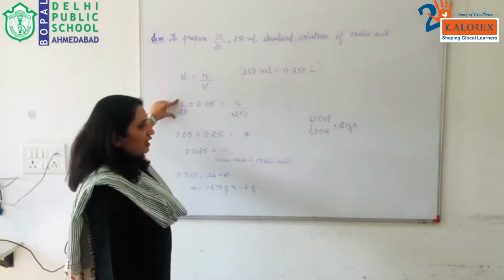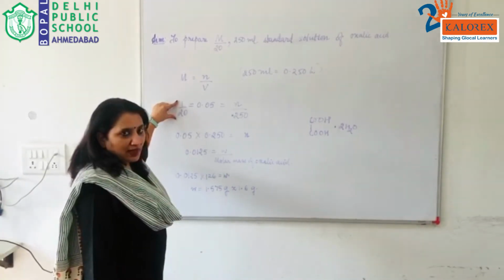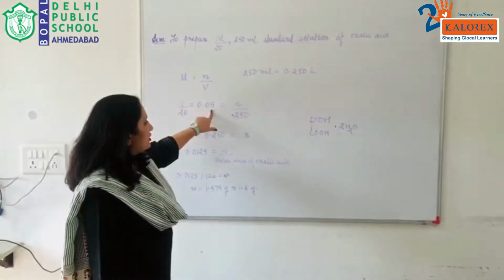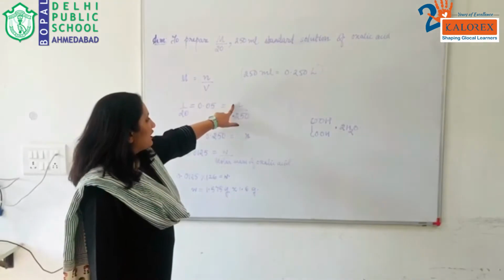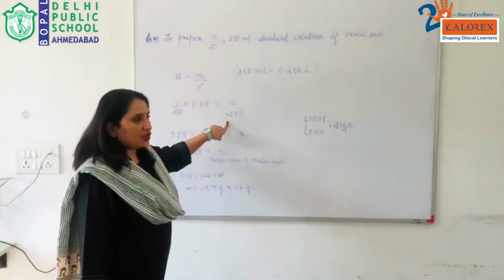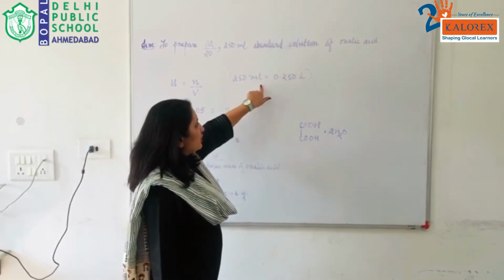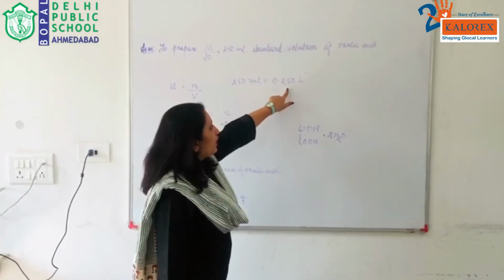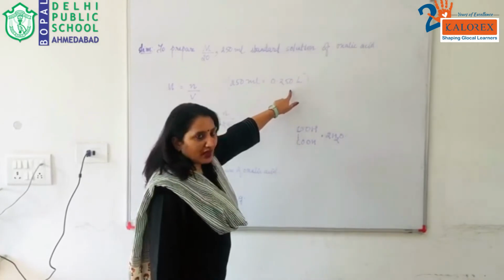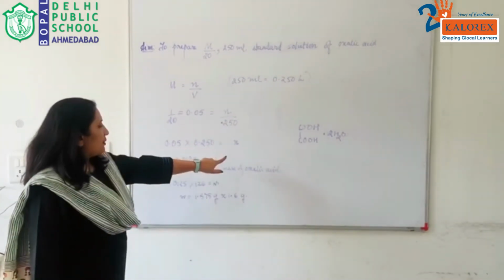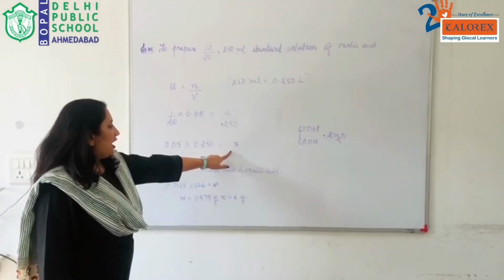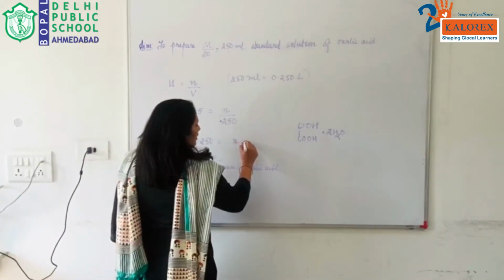Now molarity, we are taking as 1/20 or 0.05 molar, which is equal to number of moles upon 0.250. Here we have converted the 250 ml of solution into liters, so 0.250 or 0.25, and then we get the number of moles as 0.0125.